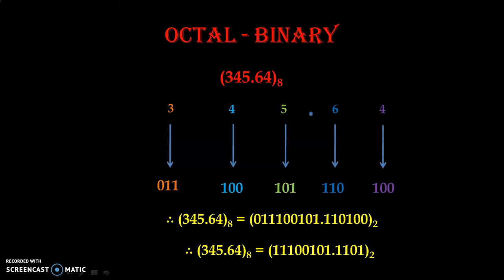So we can write 345.64 again as 11100101.1101. We have omitted 2 zeros from the fractional side and we have omitted 1 zero from the integer side. So this way we can convert our octal number into a binary number.